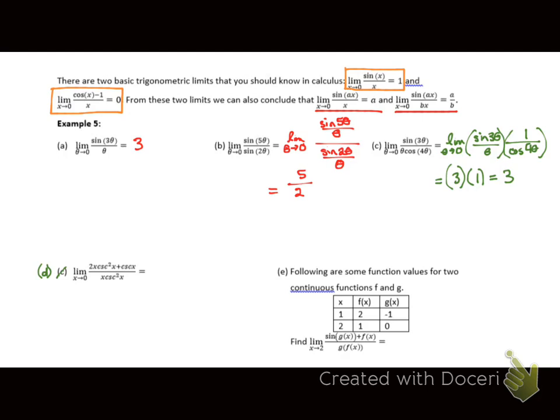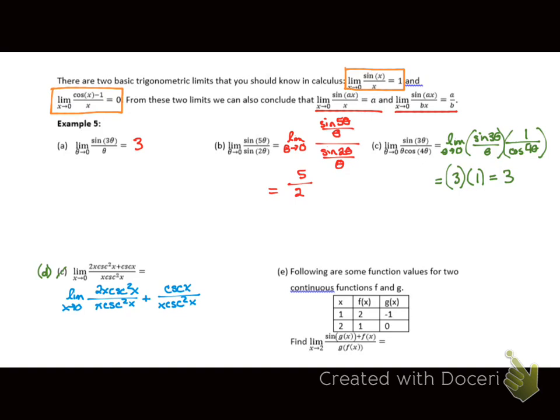So another way of saying this is just the limit as x approaches 0 of 2x cosecant squared x over x cosecant squared x plus cosecant x over x cosecant squared x. So I just split it up so that the denominator was underneath both numerator terms.